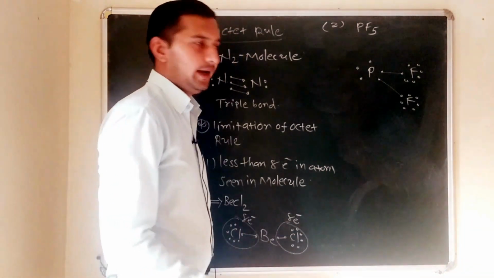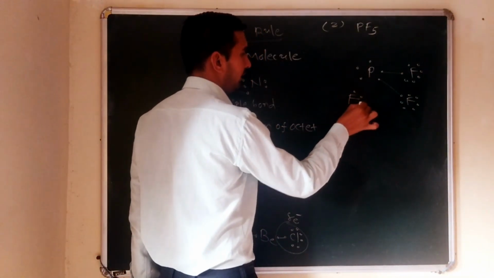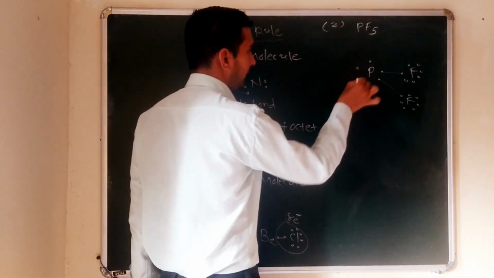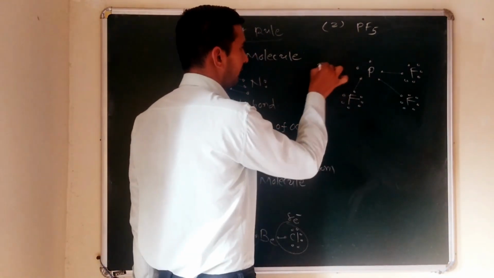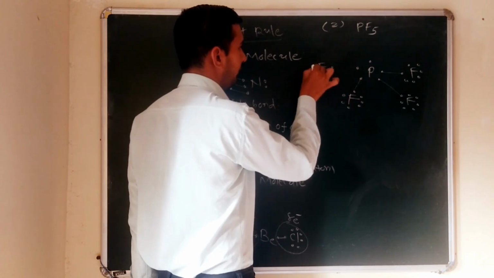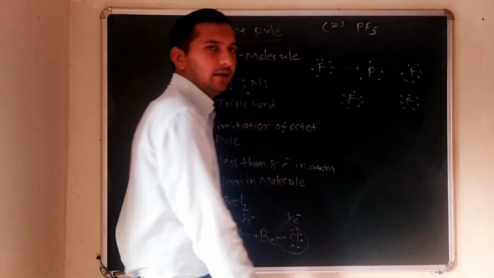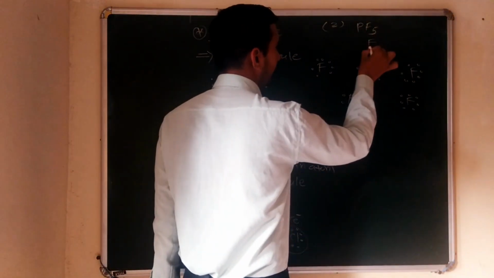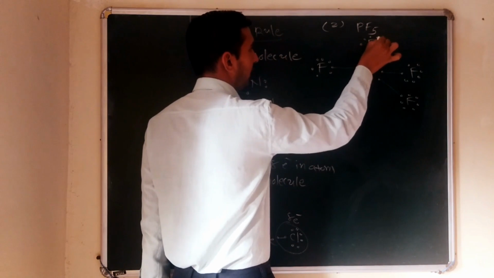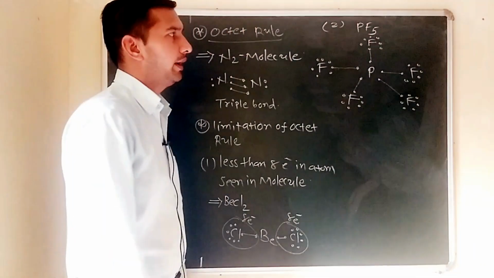The third one, 1, 2, 3, 4, 5, 6 and 7, makes the third covalent bond. The fourth makes the fourth covalent bond, and the fifth makes the fifth covalent bond.